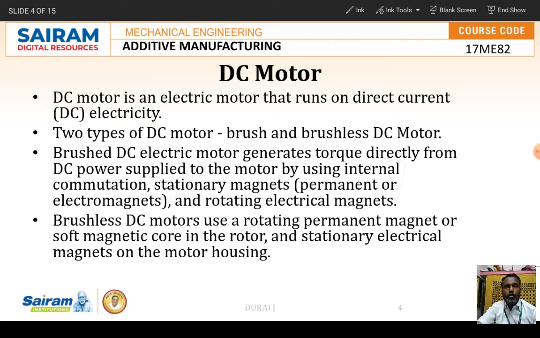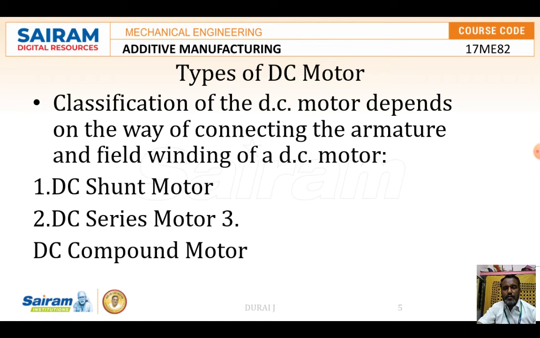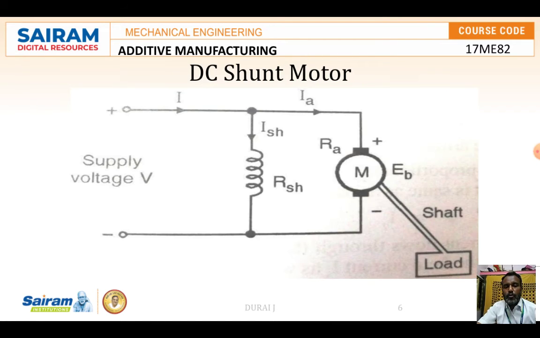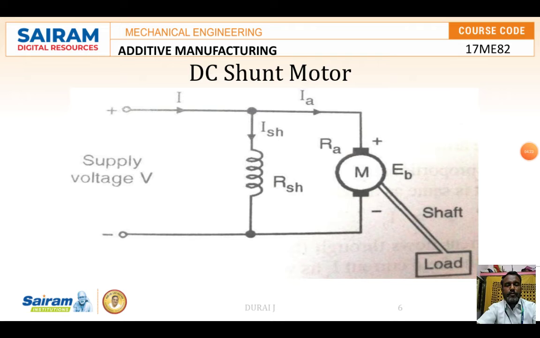The types of DC motor are the DC shunt motor, DC series motor and compound motor. First we are going to discuss the DC shunt motor. This is the field coil and this is the armature coil.